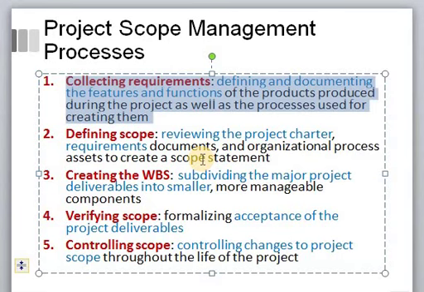Basically, this is the set of requirements, features or functions that you need to define and document for the particular product that you will produce during the project. For this process, you also need to highlight those processes which will be used to create the products.